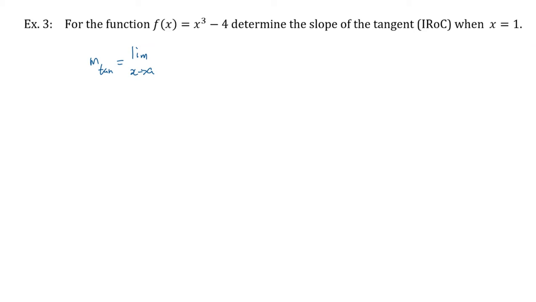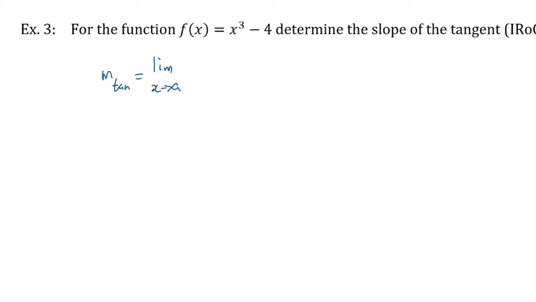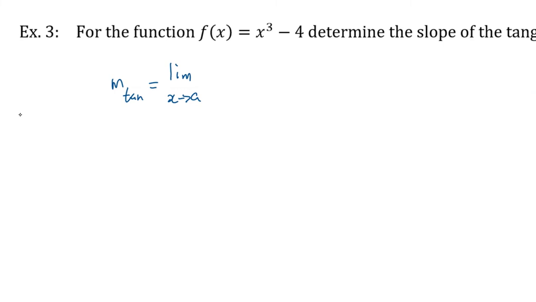People get the notation wrong or just show their steps wrong. So that's something else I'm going to be clear on: how your solutions should look. You should always start with the formula, which is the limit as x approaches a of f at x minus f at a over x minus a.